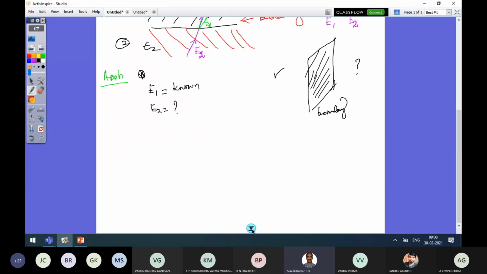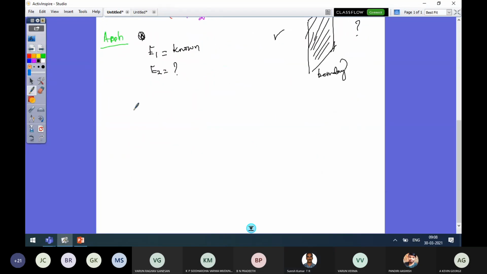Now we will consider different combinations of medium. We have classified the medium into free space, dielectric, and conductor. So we will consider three cases. In the first case, we will consider a boundary or interface between two different dielectrics, let us say epsilon R1, epsilon R2.